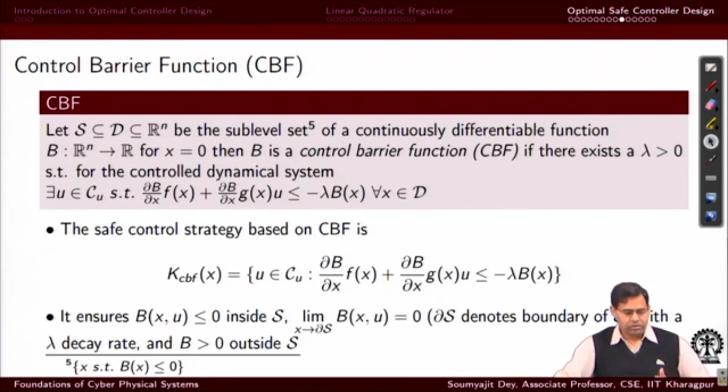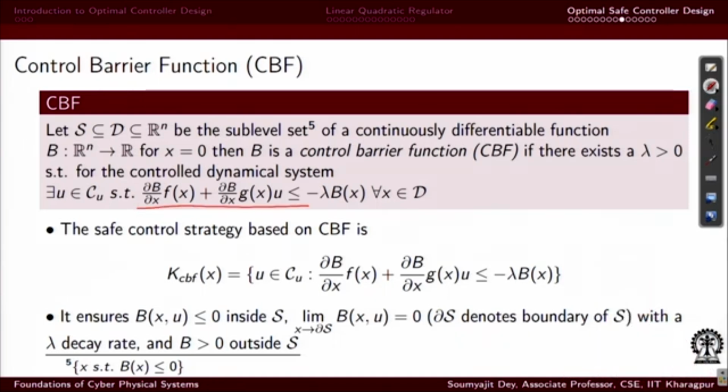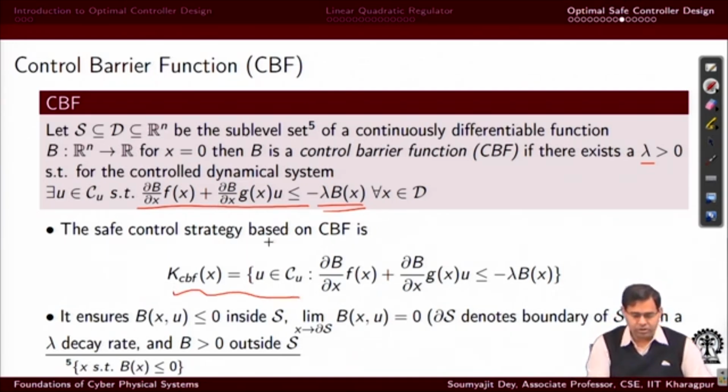So, this is how we define the control barrier function then, right. It is a function which, just like the Lyapunov function, will satisfy this condition, but you see minus lambda b, this is what it requires. Okay. There exists this positive lambda, so that this happens. So, if I want to ensure that my control value satisfies the safety requirement, then my control strategy should be such that I always choose a u so that this gets satisfied.